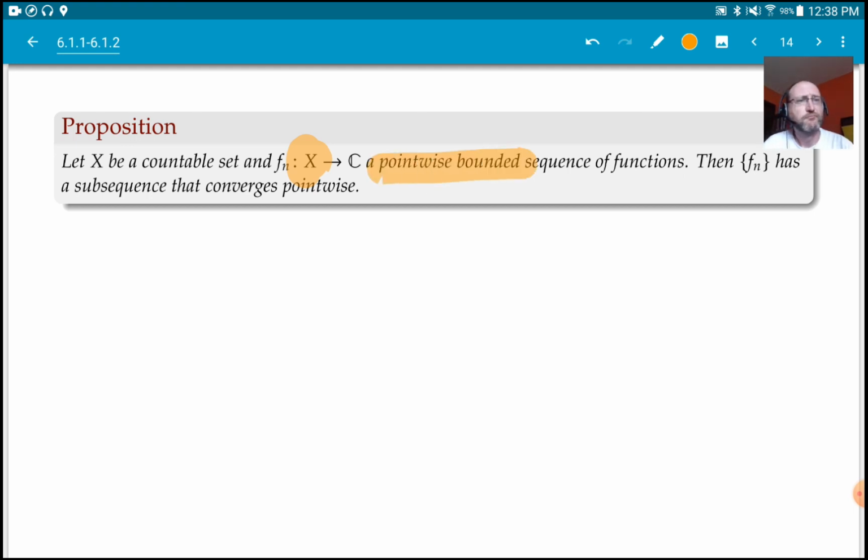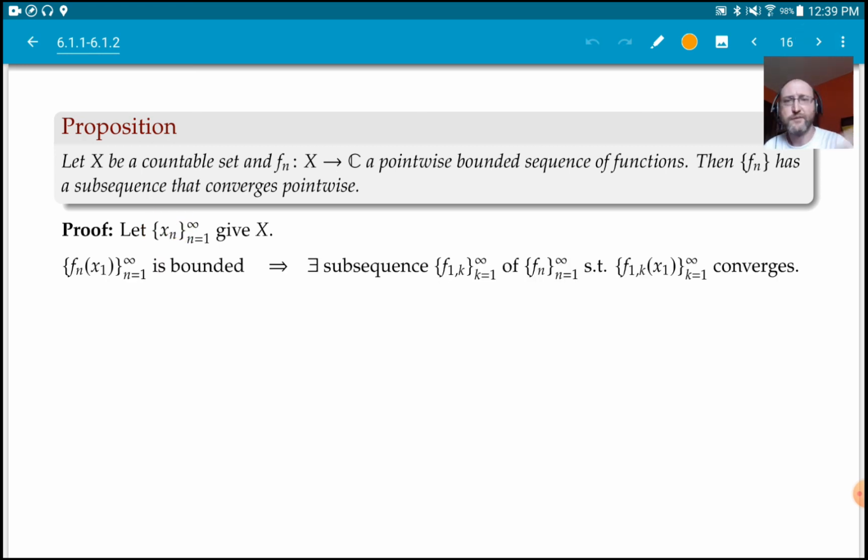So suppose that we're given a countable domain and a sequence of pointwise bounded functions, then there exists a subsequence converging pointwise. It's basically the diagonalization argument, which is actually kind of a cool argument. So X is countable, so it's a sequence, and we might as well write it as a sequence.